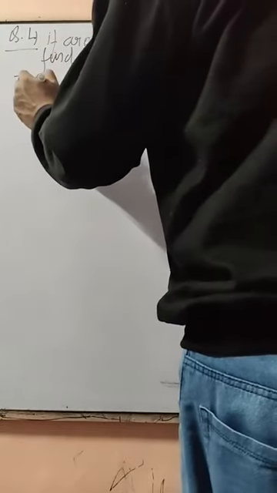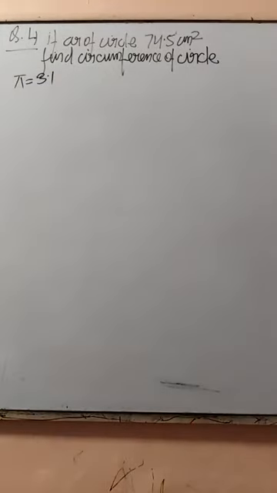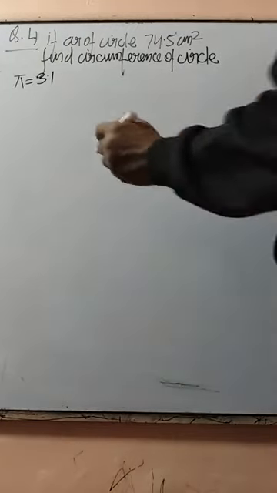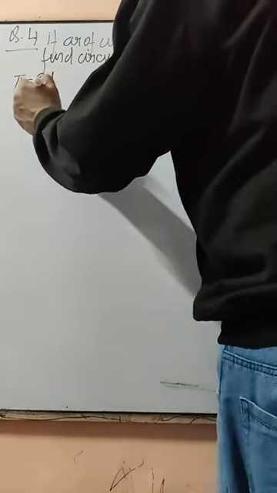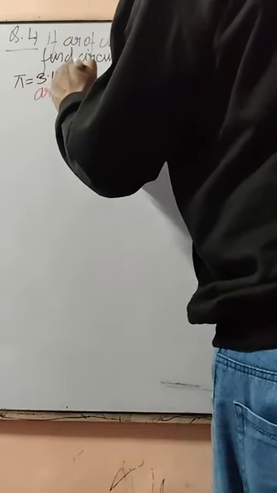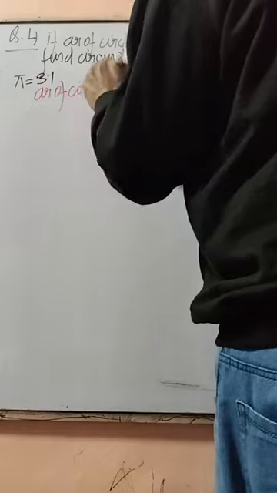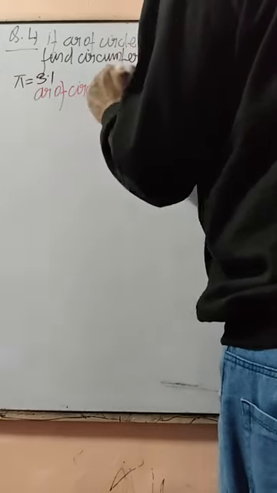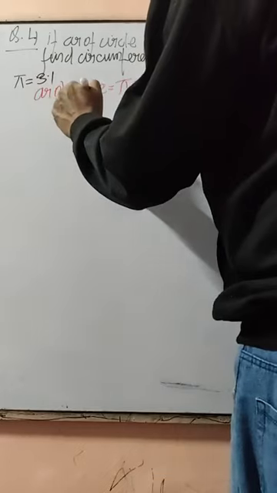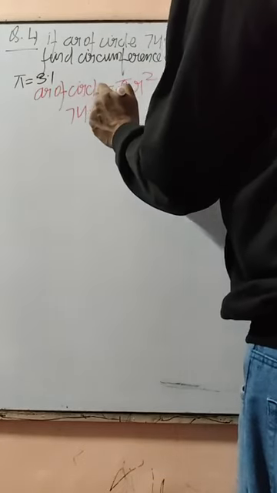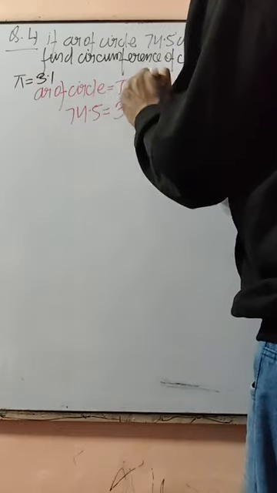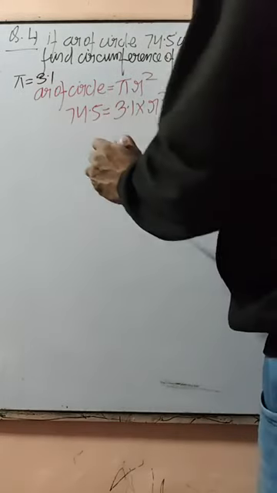So what we know, area of circle is equal to pi r square. That is 74.5 is equal to 3.1 into r square. Right?